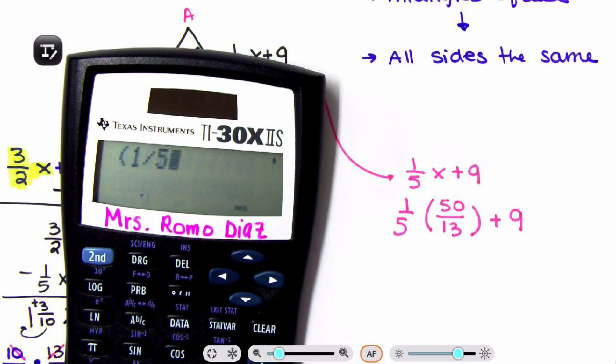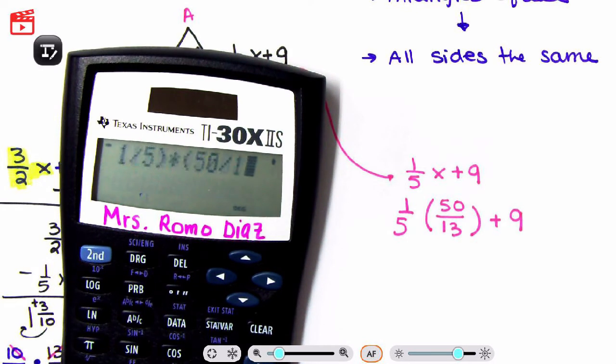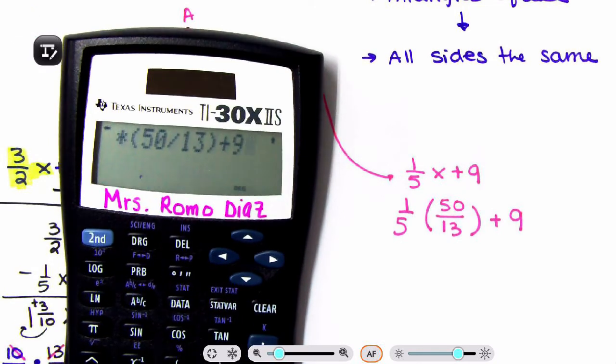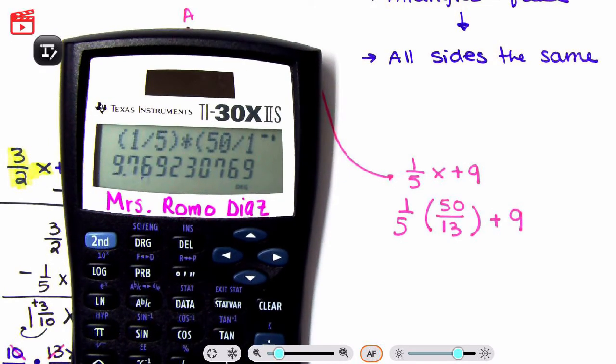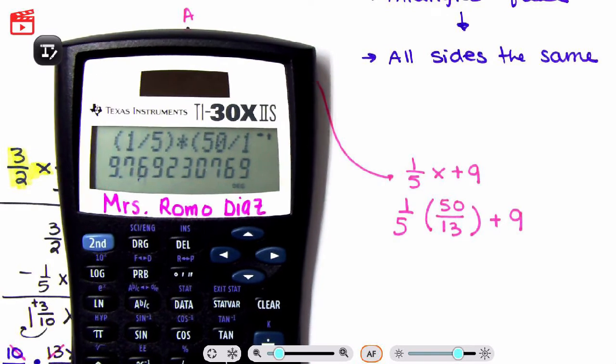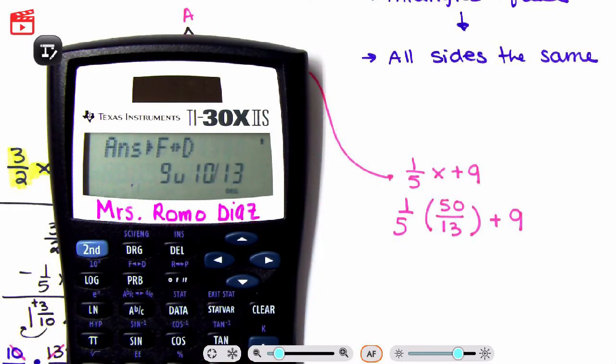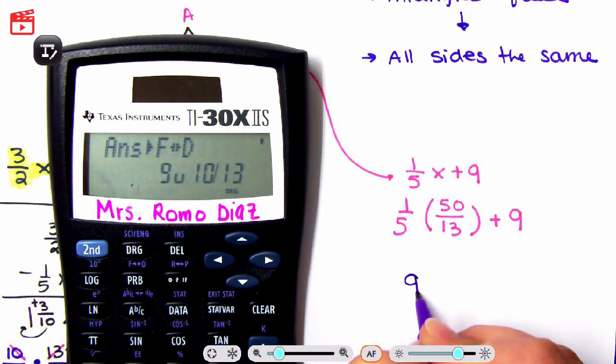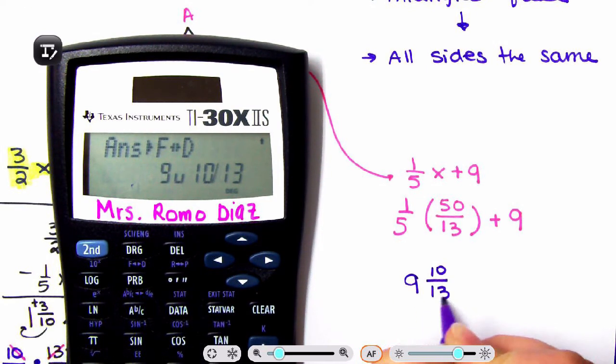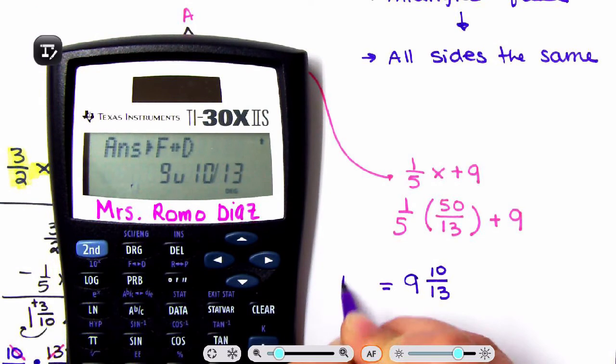So I'm going to do 1/5 times 50/13 plus 9. And that's, once again, an icky number, but that's okay. We're going to convert that to a fraction, and I get 9 10/13. And that's the size of AB.